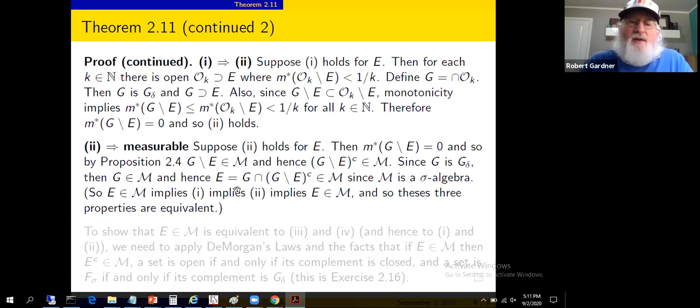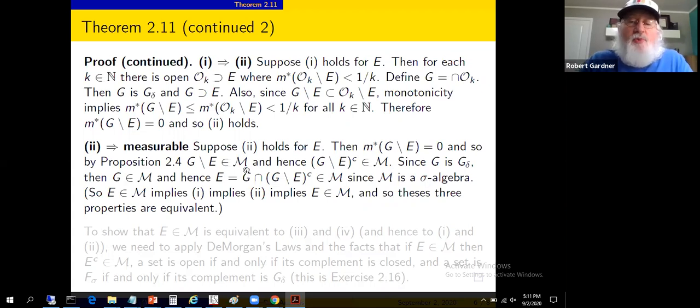Let's not get bogged down in the details on that. It's a true set identity. It's not surprising. A few details wouldn't hurt, but we've got other things to do. So we can write E like this. Hey, and we know G is measurable. It's a G delta set. All G delta sets are measurable because they're Borel sets, and all Borel sets are measurable.